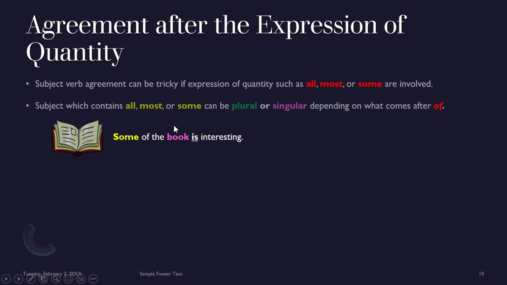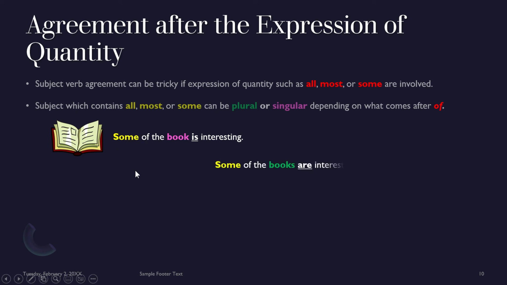Some of the book is interesting. Look, after the preposition of, the noun indicates singular, some of the book. It means a part of the book. It means parts of one book. Therefore, the verb must be singular, even though you see there's an expression some.